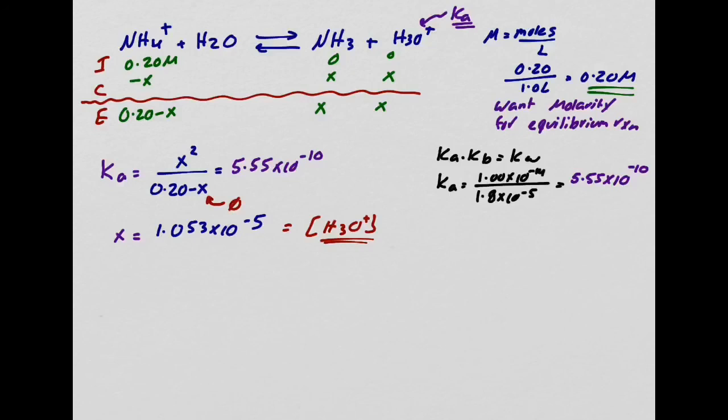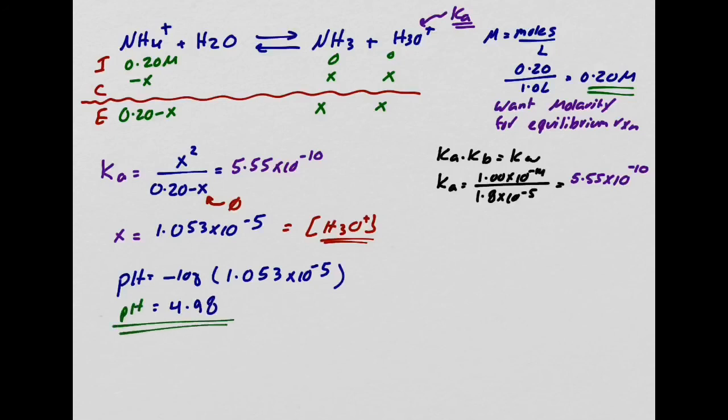So now I can just go pH is minus log of 1.053 times 10 to the minus 5. pH is going to be 4.98. That's my pH. Again, double check yourself. Is this a basic or acidic pH? This is the acidic pH, and that's what I expected.